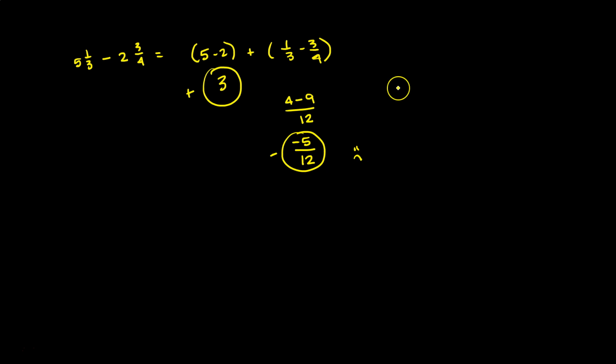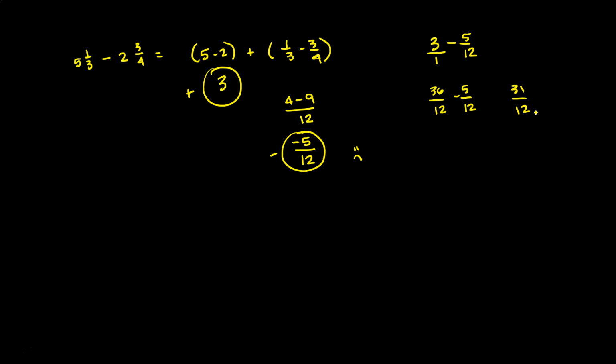There's two ways to remedy this. We could say 3 minus 5 over 12. And in that case, we would need to turn the 3 into a fraction with a common denominator. Then we could subtract 5 over 12. 36 minus 5 is 31.